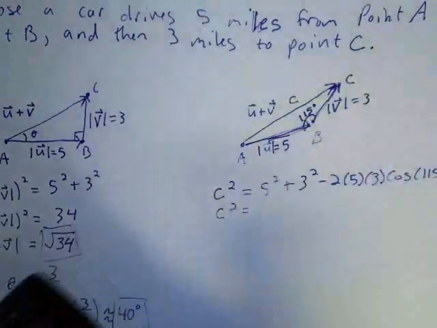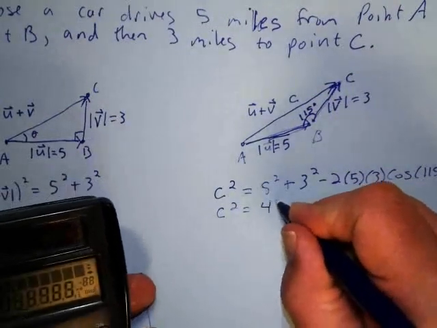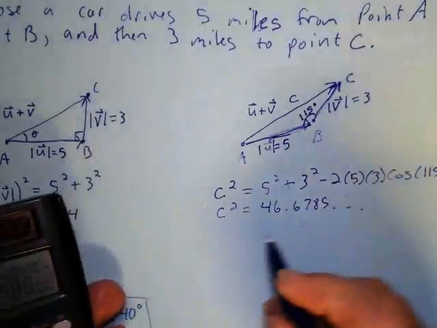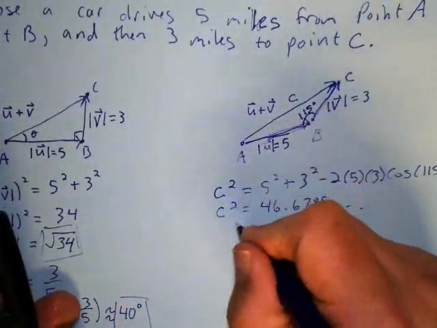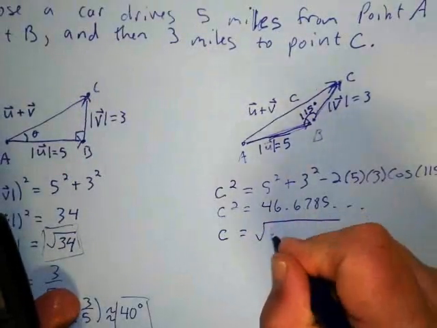And I get this whole thing to be 46.6785, and so on. And then to get this actual side, I have to take the square root of this.